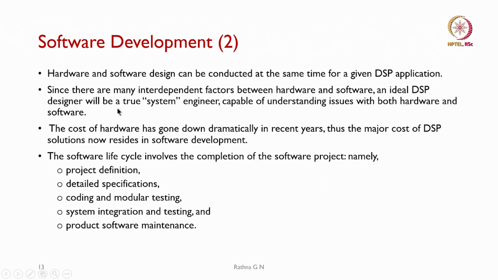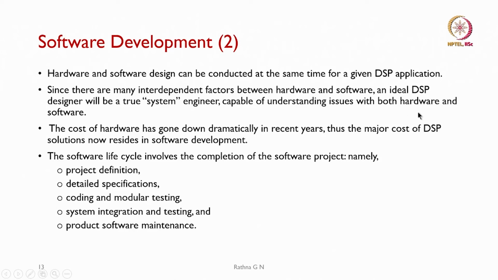So, since there are many independent factors between hardware and software which restrict them, a true system engineer should be capable of understanding issues with both hardware and software. Most people in the IT software industry say that we are capable of solving software problems, but not hardware.